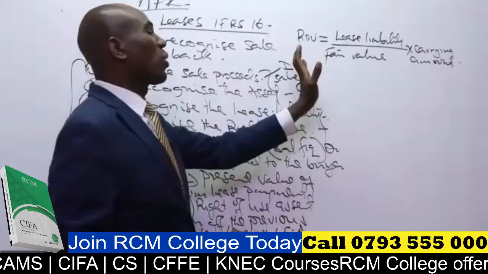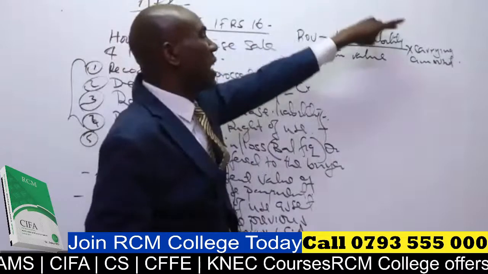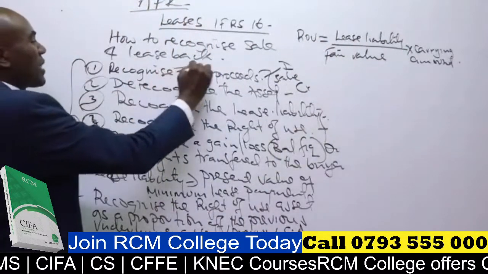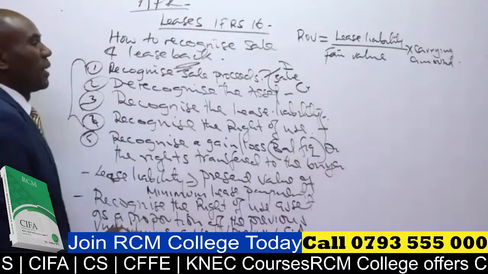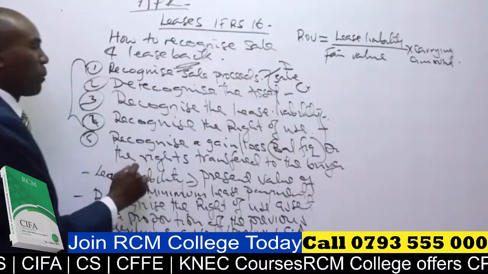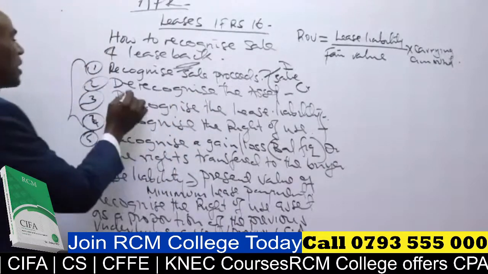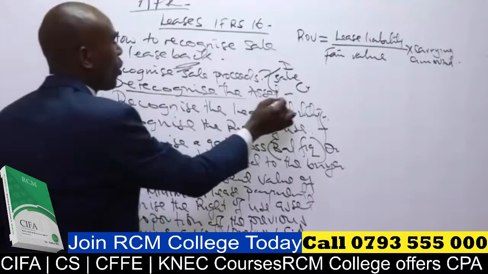Therefore, under sale and leaseback, how do you recognize the right of use? You take the lease liability over the fair value. Fair value is the amount you are selling the asset. Then the lease liability, we have computed the present value of minimum lease payment. Then the carrying amount is the original carrying amount that we have recognized here.